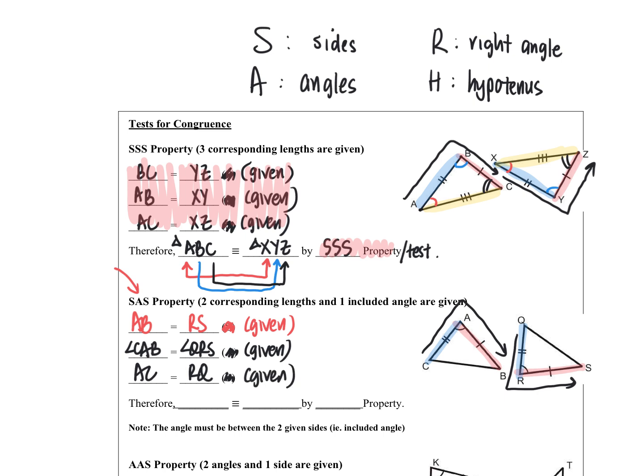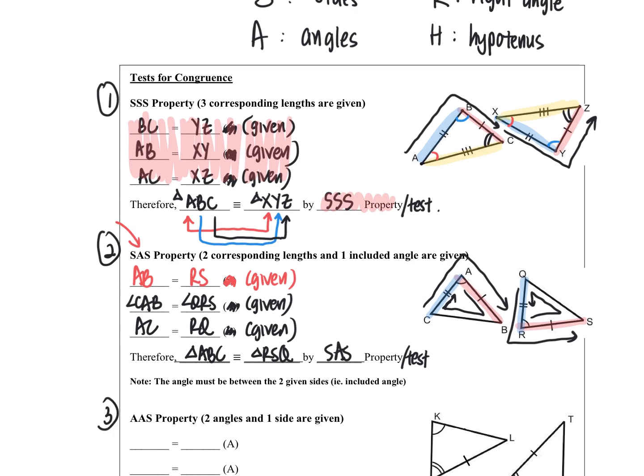So you can tell me triangle ABC is congruent to what? Start from here. Is it correct or not? Yeah, RSQ by SAS property or test. Okay? So make sure you know which test you are using. Test 1, test 2, test 3.